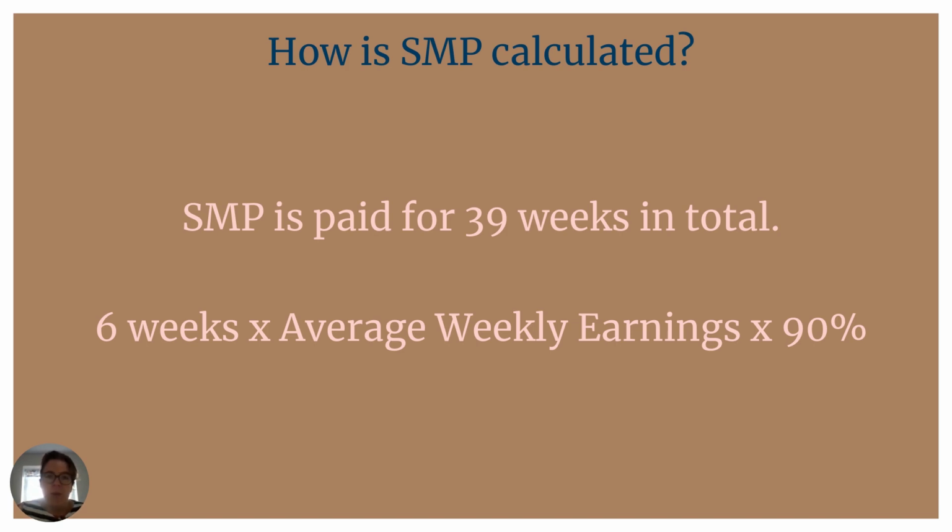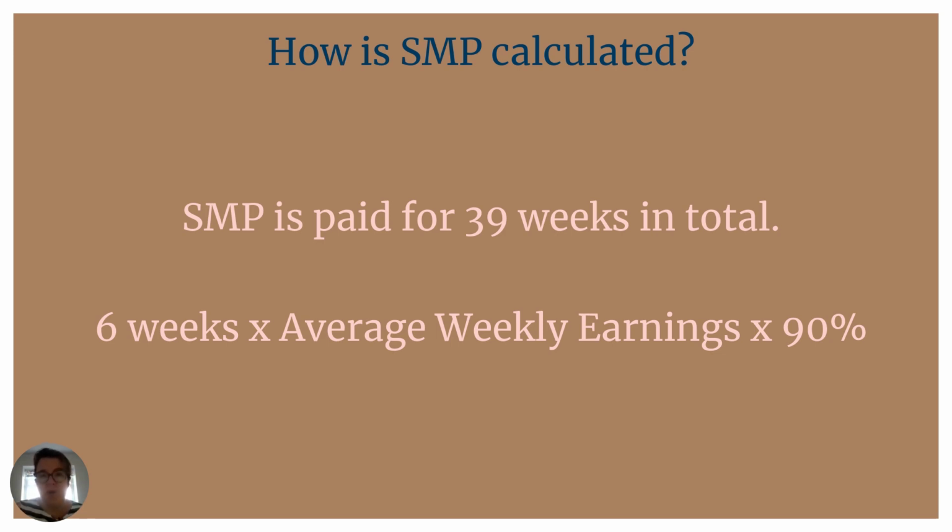So how is statutory maternity pay calculated? The reason I cover this is because for most people, this is what they'll get, and as a minimum, this is what you have to get. Statutory maternity pay is paid for 39 weeks in total, where the first 6 weeks are your average weekly earnings times 90%. Some organisations might actually just pay you your average weekly earnings if they're at least what you're used to receiving.